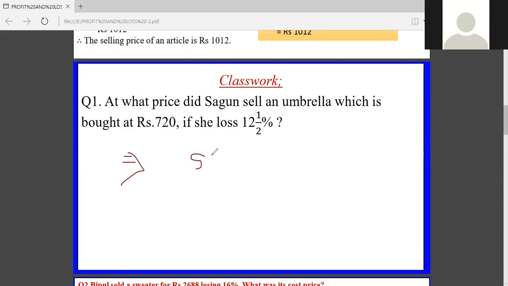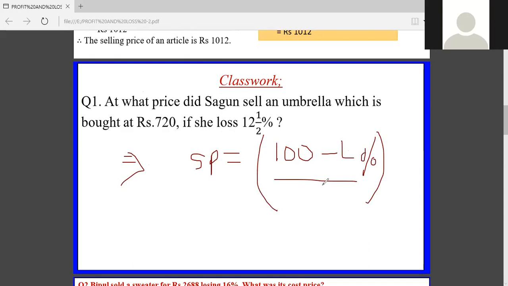SP equals 100 minus loss percentage by 100 into CP. If you use this formula, then you will get its value. And it will be easier if you use this one: 12 whole number 1 by 2, you can write here 12.5%. Okay.